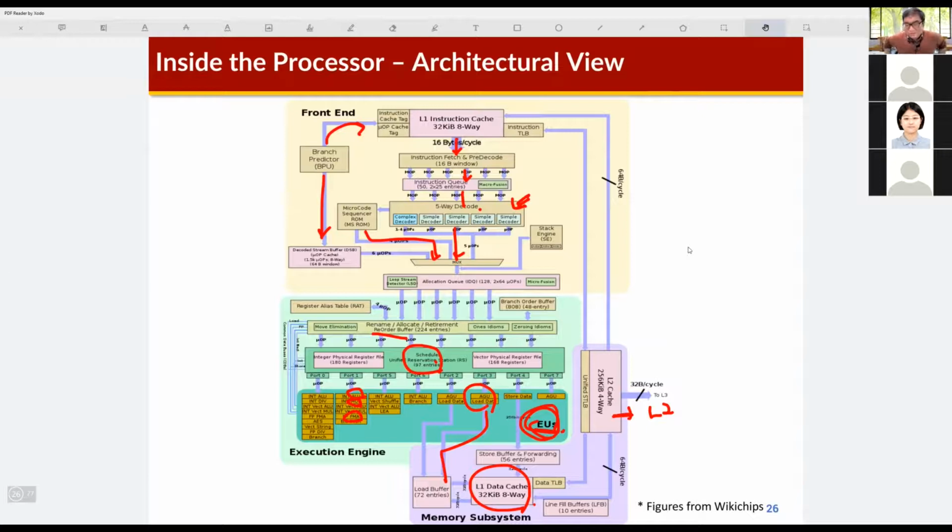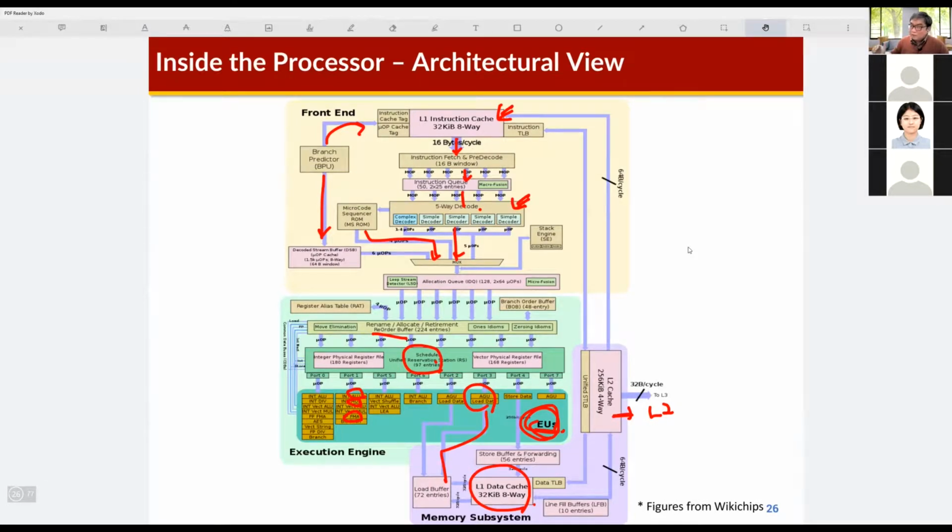So this figure shows an example of architecture. You can find many blocks and many components here. But I believe you cannot understand what these blocks mean yet.